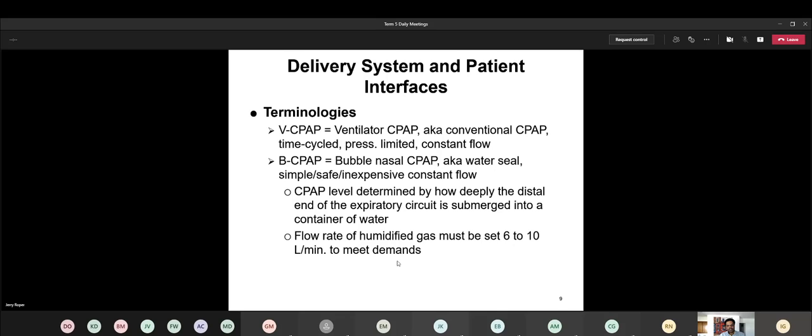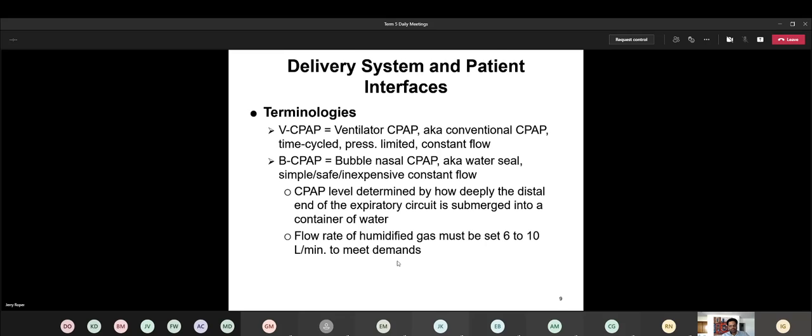So that means that if he or she starts to deteriorate after extubation, the ventilator is still there, and you can grab a mask and connect it to the ventilator circuit and then provide them some CPAP that way without having to really re-intubate and then switch them over to CPAP mode.